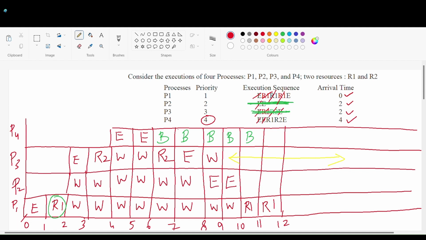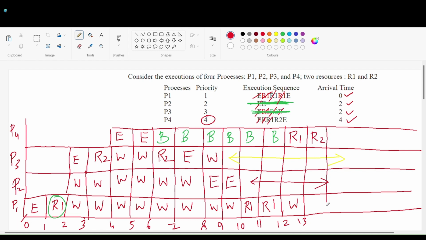So when resource R1 is available, then process P4 will start to execute because P4 has high priority. Now P4 will start to execute from 12. So P4 will execute R1 first, and then it will go to the waiting state and it's finished, right?